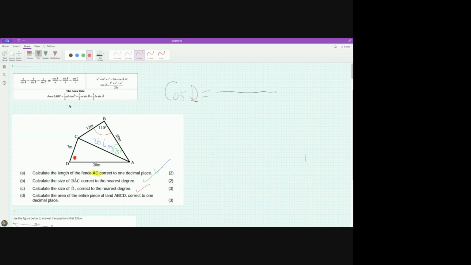What do you have for that D? Let's look at that rule. We know that the side opposite the angle is always going to be the negative one, if we think back to our earlier lessons.